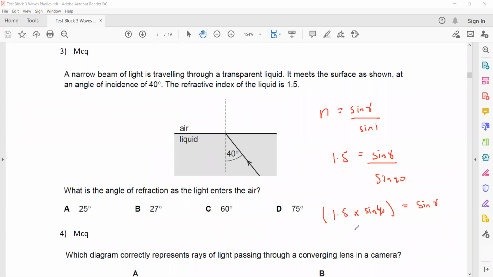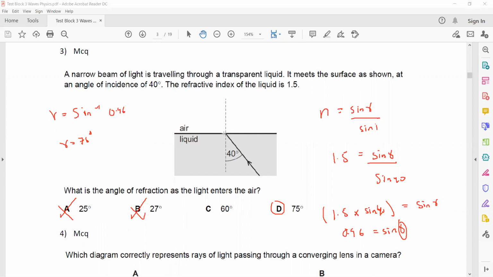So 0.96, that is the value of sine R, but you need R only, so take an inverse. So R is equal to sine inverse of 0.96, then R will be equal to 75 degrees, which is D. And even without calculation, you can work out A and B cannot be the answer. Why?